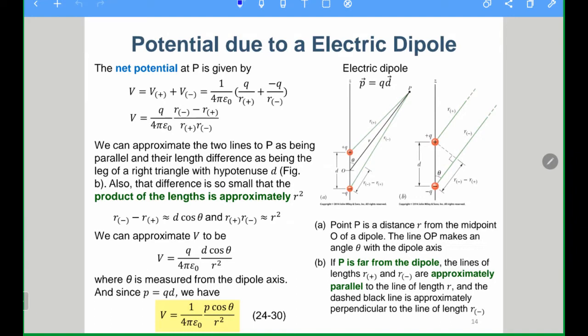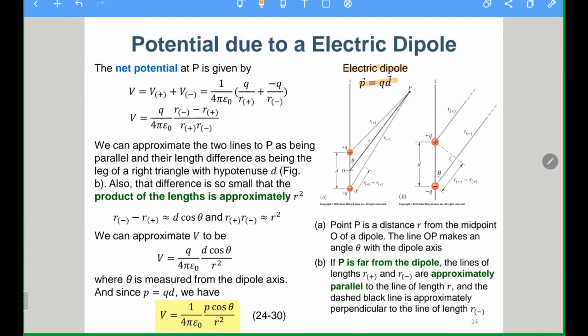In chapter 22, we learned the definition of an electric dipole: two charges with the same magnitude but opposite sign placed close together. Then it is a dipole, and the dipole moment is Q times d, as shown here.